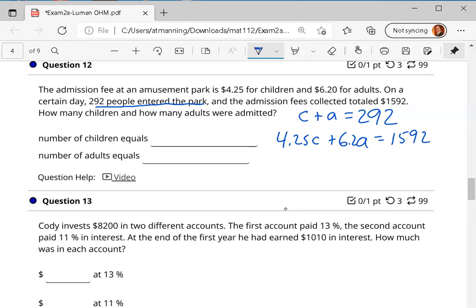Because I have a C and an A by themselves over here, it's probably easiest to do substitution.